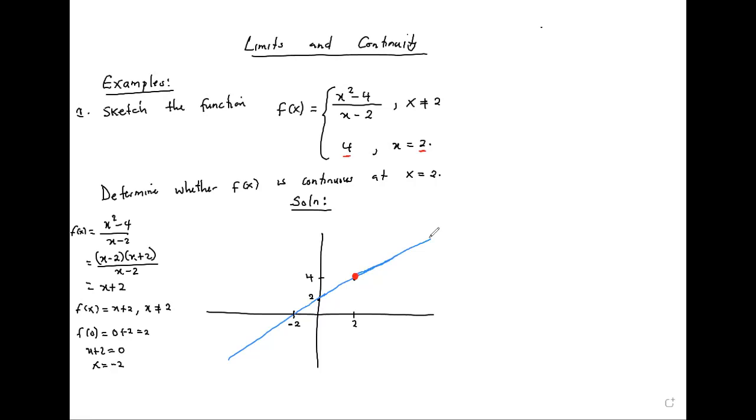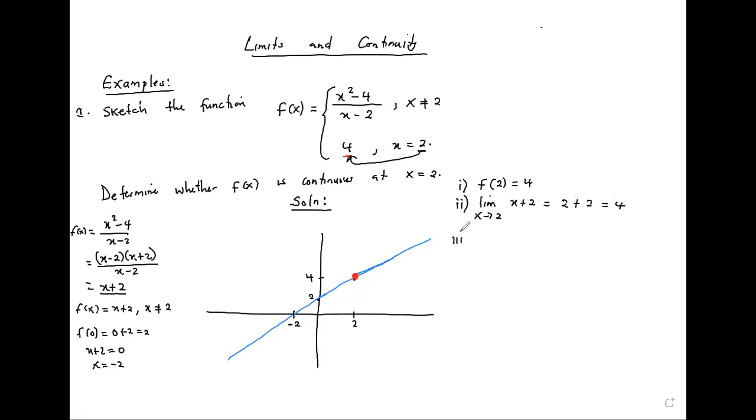Now we must determine if it's continuous. To determine continuity, one, you check if it's defined at 2. So f of 2, as you can see from the definition, it's 4. Two, we must check if the limit as x goes to 2 of f of x exists. Now for the limit, we're going to use x plus 2, the redefined one, and we'll get 2 plus 2, which is 4.